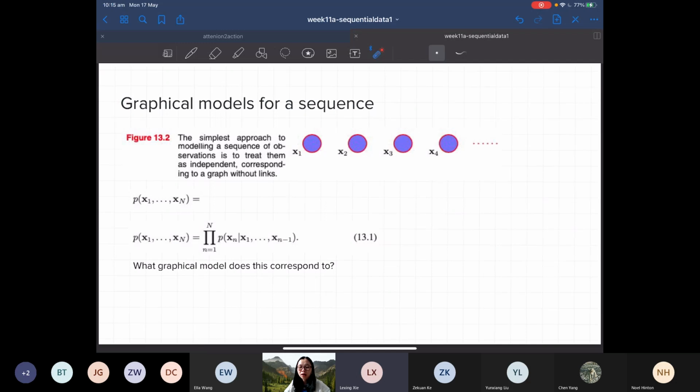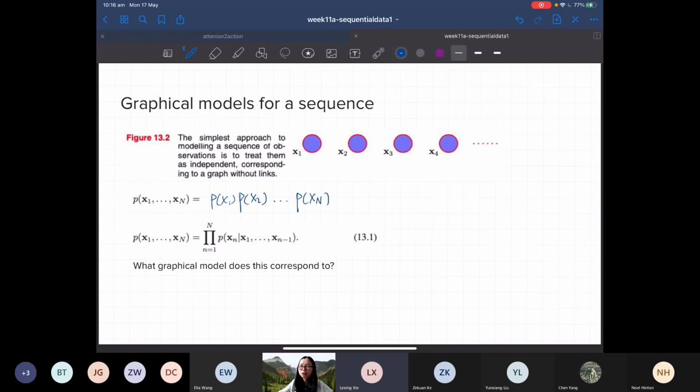We observe x1 through xn, and in this case, the joint distribution is trivially written out since they are independent of each other: P of x1 times P of x2 all the way to P of xn.